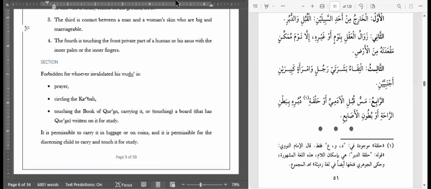But not the woman who married your uncle. She is not mahram. She's marriageable. And not the man who married your aunt. He is not mahram. It's obvious for you.